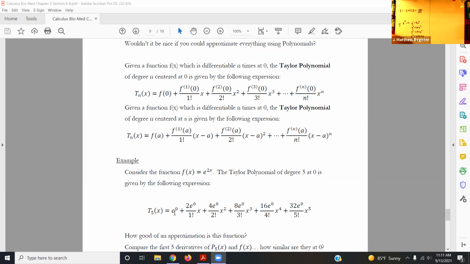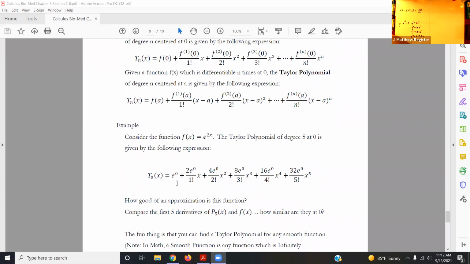But it would be 1 plus 2 over 1 x plus 4 over 2 x squared plus 8 over 6 x cubed plus 16 over 4 factorial, which is 24, x to the 4th, plus 32 over 5 factorial x to the 5th.